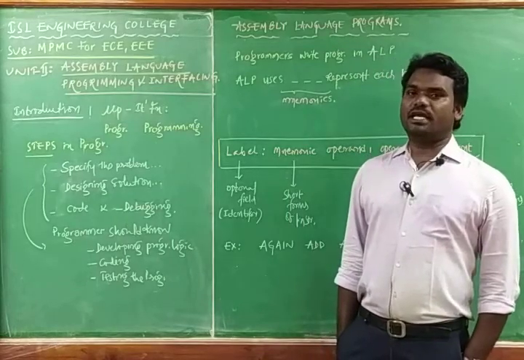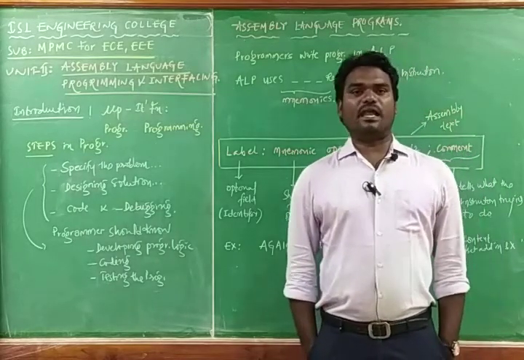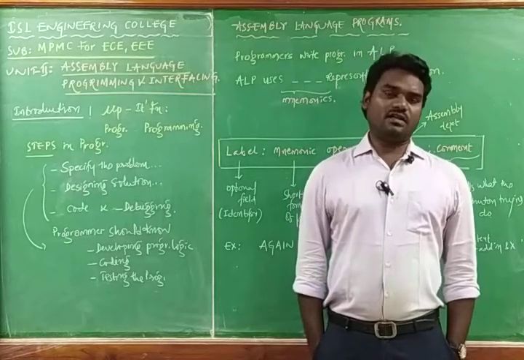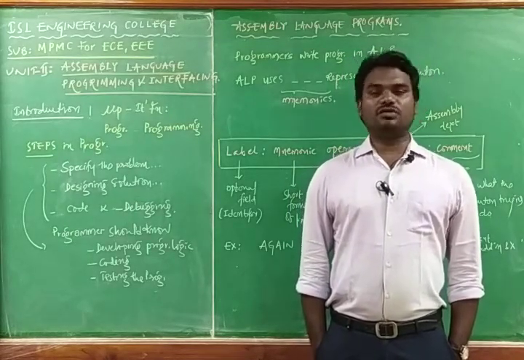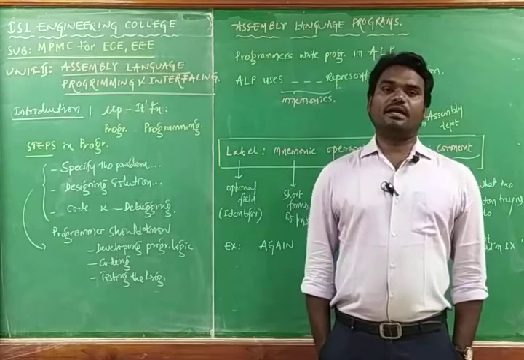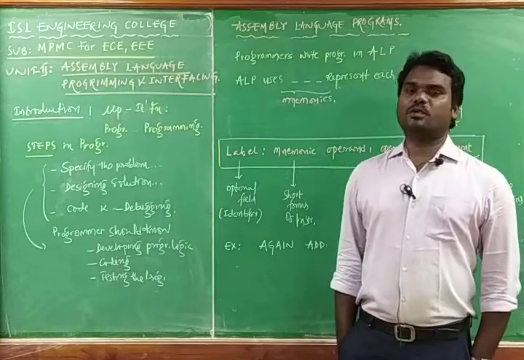Here we are going to study the assembly language program of the 8086 microprocessor. After that, the assembler is going to convert that assembly language program into machine language, which can be read by the processor, because the processor is a machine.